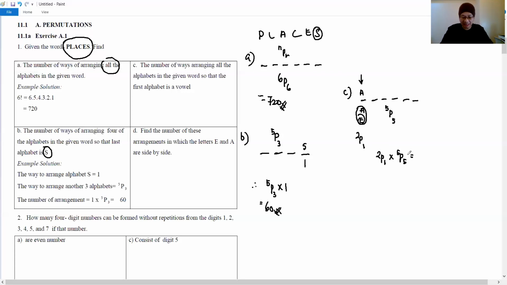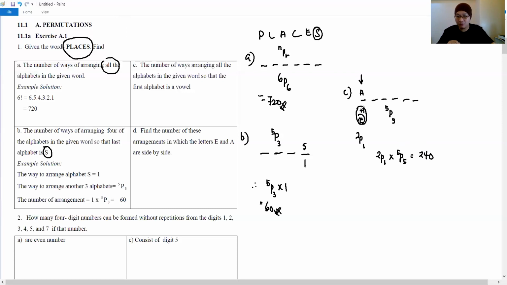So how much is the answer? Just press the calculator. 2P1 times 5P5. So you will get this one. This is what you are supposed to get: 240. Very easy. Okay guys, so I repeat again, for question C, there is a restriction, a condition here.